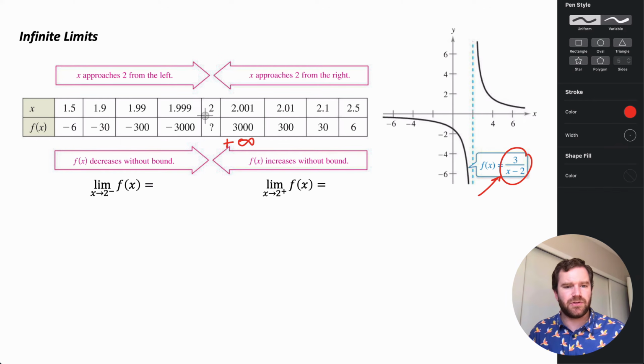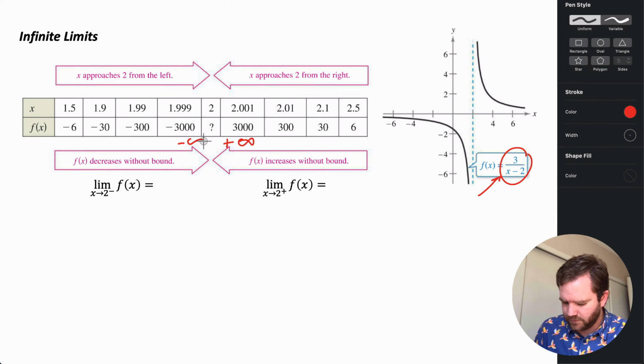So if I look at numbers to the left of 2, what happens? If I started at 1.5, plugging in gives me a negative 6. Plug in 1.9, I get negative 30, and then negative 300, negative 3,000. So as I'm getting closer to 2 from the left, these numbers are getting more and more negative. Because if I plug in 1.999, that number in my denominator is a very, very small negative number, and a positive divided by a negative is going to be negative.